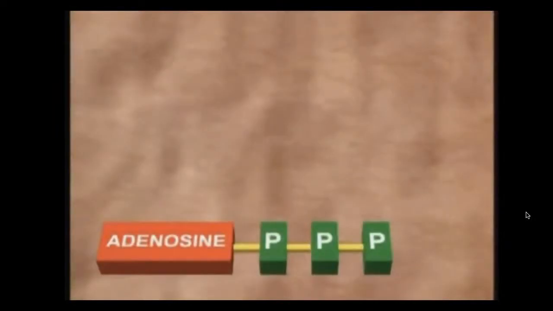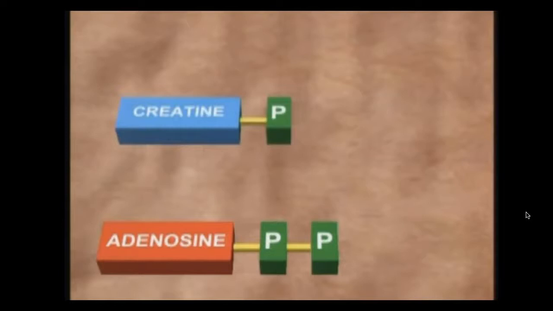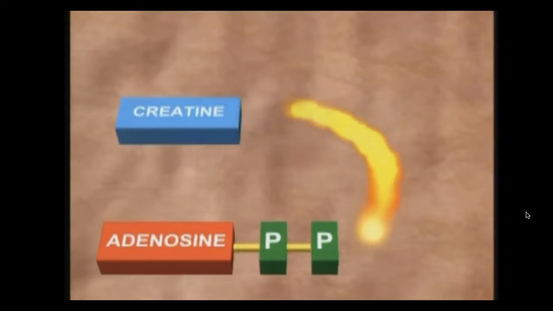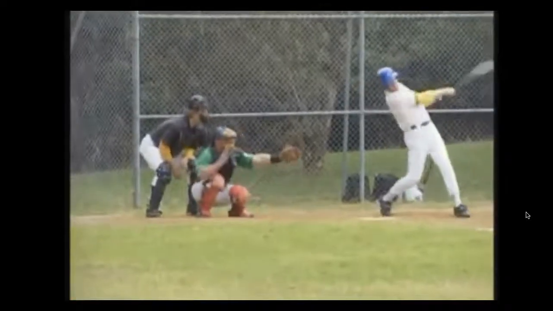The ATP-CP system works by first using up the ATP in our muscles, then by breaking down creatine phosphate to give energy for ATP resynthesis. This system produces ATP very quickly, but the downside is that it runs out of fuel in around 10 seconds. So this is the main energy system for short-term, high-intensity effort.